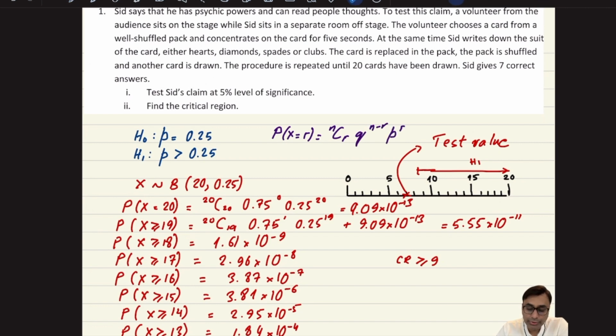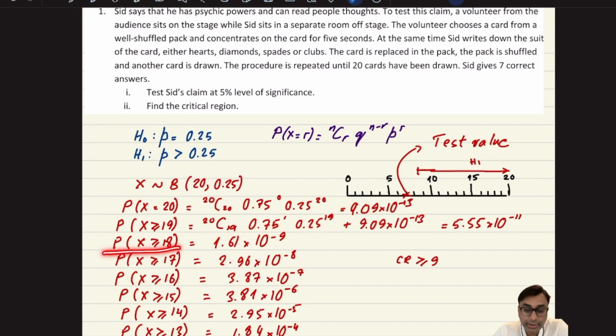We use that formula to find the probability of X equals 20, and this is not exceeding 5%, it is nowhere near 5%. So I'm now going to calculate the probability of 19 and 20. I'll calculate the probability of 19 and add the previous probability onto that, and this is also very, very far away from 5%.